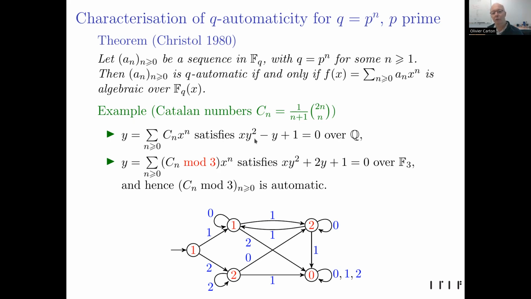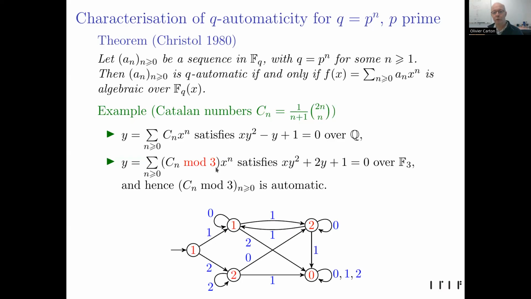So if y is replaced by this, then x y^2 - y + 1 is equal to 0 over the field of the rational numbers. And of course, taking everything modulo 3 gives the power series of C_n modulo 3 with the same equation, just -1 has been replaced by +2. And then this is the same equation, but over the field F_3.